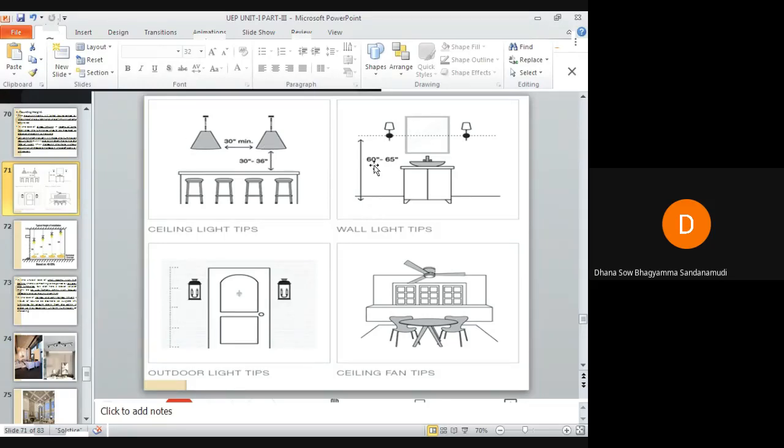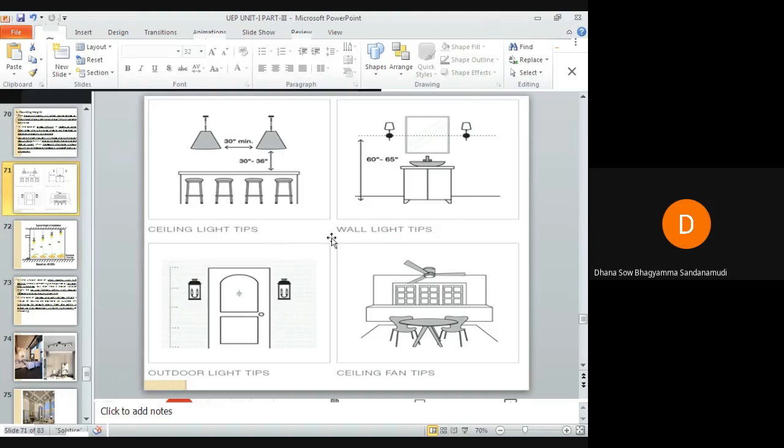With respect to the floor, the lamp should be fixed around 60 to 65 inches above. If I want to fix the lamps outside the house, beside the entrance door, I must fix them nearer to the top of the door.